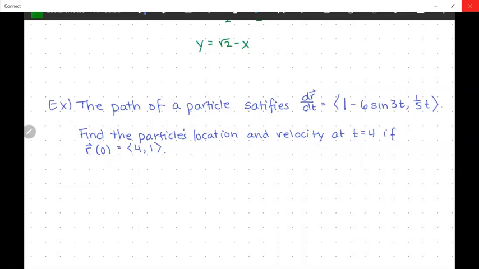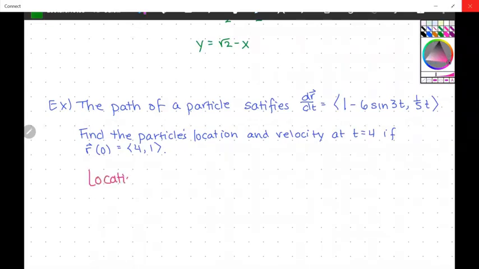The r of t itself would give us the location vector, the position vector. Position vector gives us a location. That's why it's called position. We have the derivative, so we have to integrate. And then when we integrate, we're going to get some c's. We have a value to plug in to find the value of those c's. So let's do that.